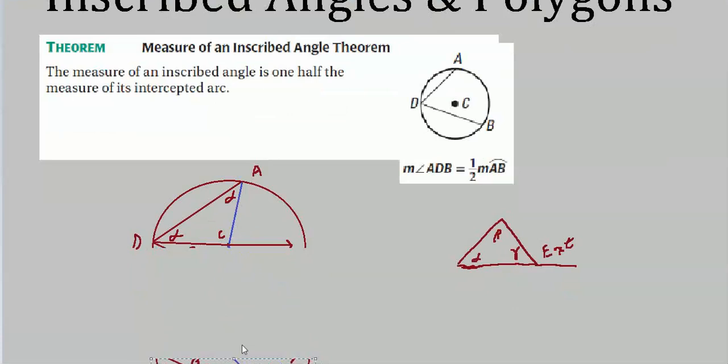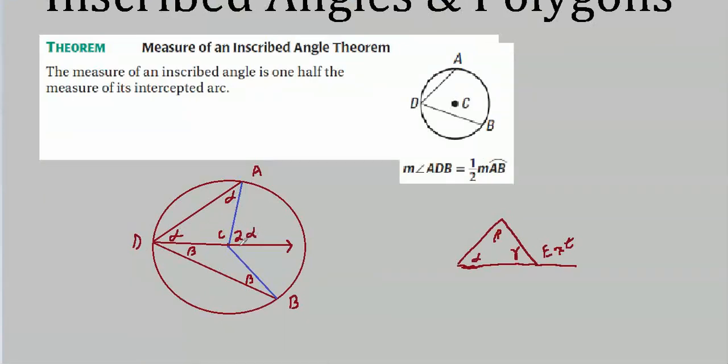How's that? Now you can see that we have an exterior angle right here. This exterior angle is equal to the sum of these two opposite angles. What would that be? Well, alpha plus alpha is 2 alpha.